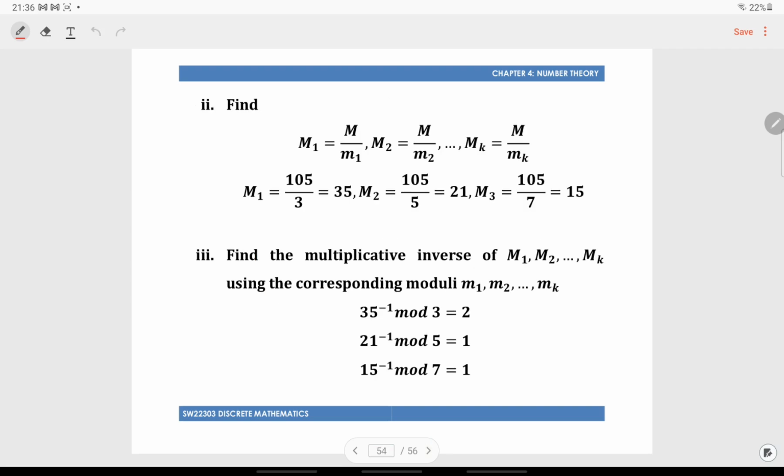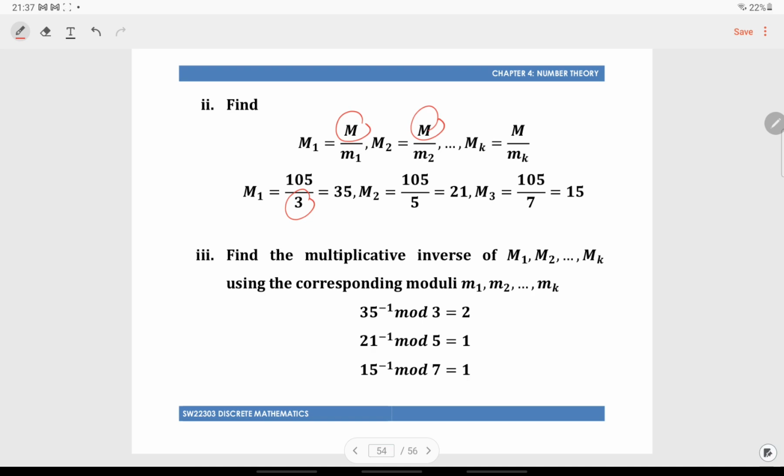Next is to compute capital M1, capital M2, up to capital Mk. So how to obtain capital M1? Capital M1 equals 105, which is the value of M, divided by m1. m1 equals 3. Next is capital M2. Capital M2 equals M divided by m2. m2 equals 5.